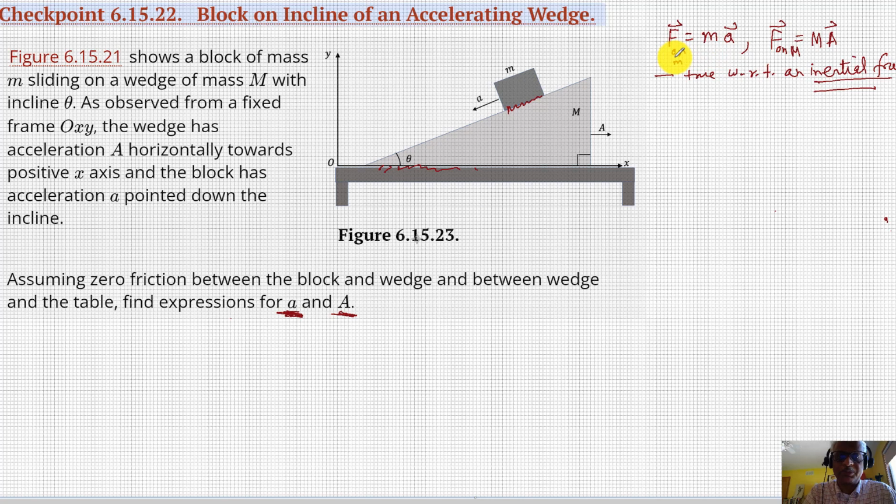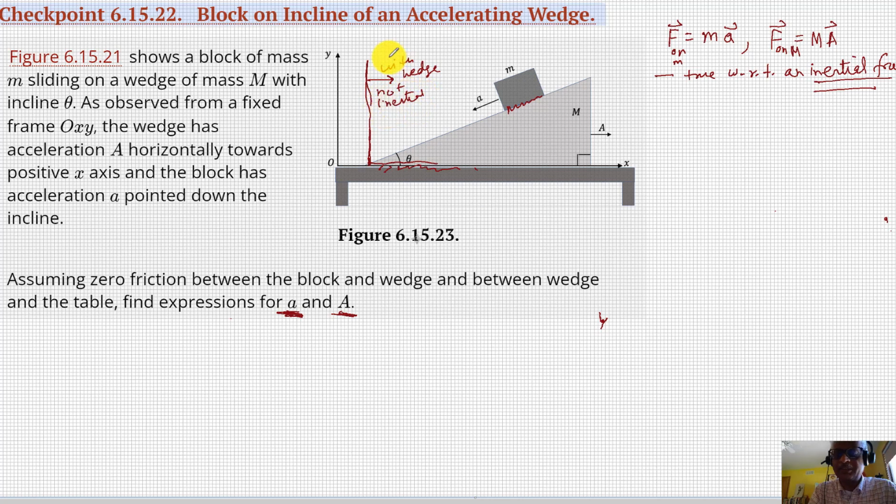Imagine a coordinate system that's kind of attached to this corner and moving with the block. So this moving with the wedge is not inertial.